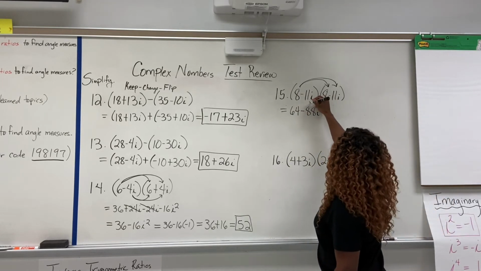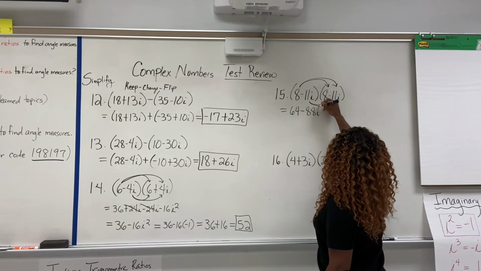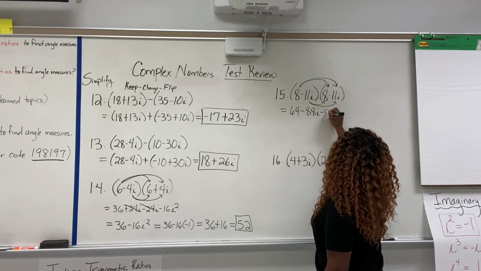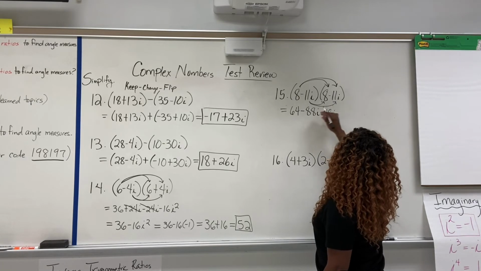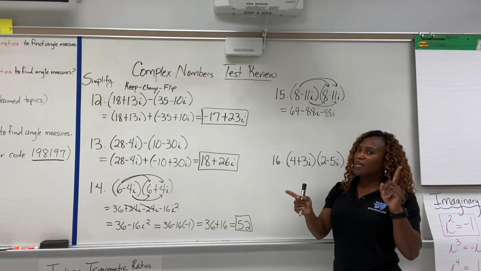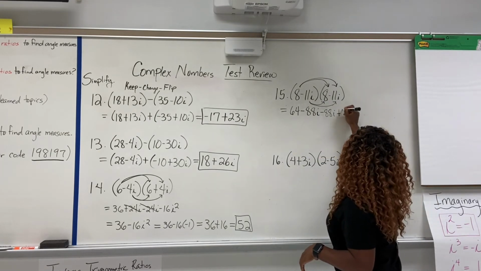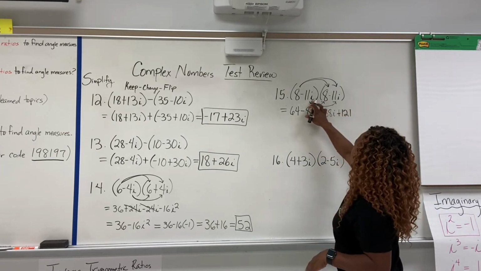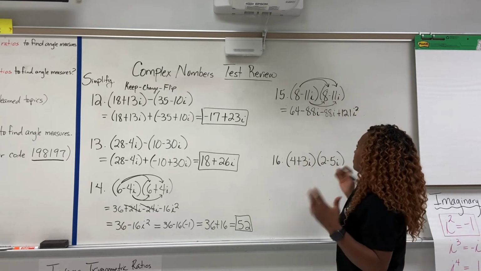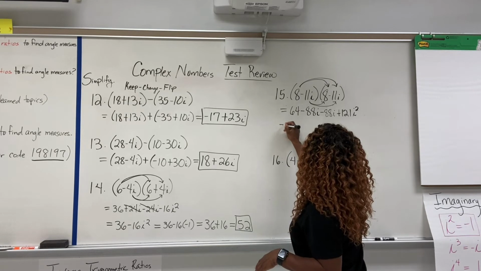So now let me do the next one. -11 times 8 is again -88i. -11 times a -11, well, a negative times a negative is a positive 121. Don't forget the i times i, so it's i squared. Let's see if we can combine any like terms here.